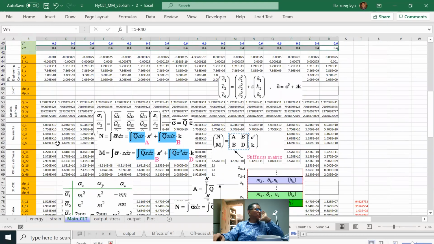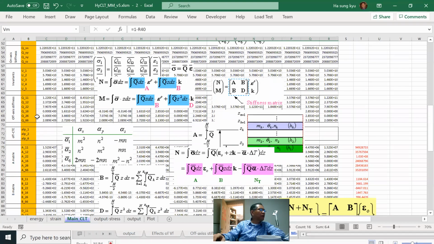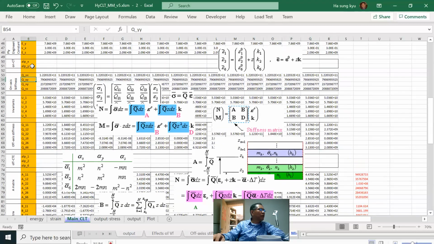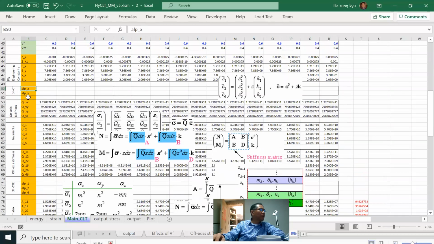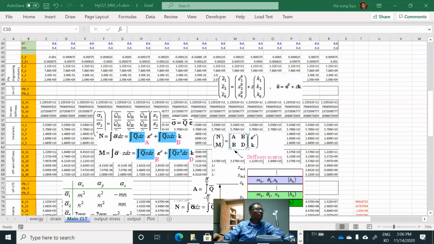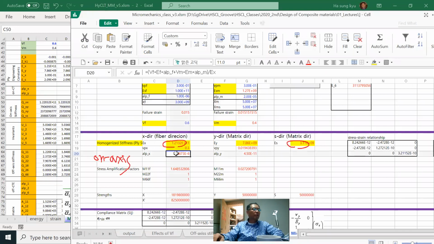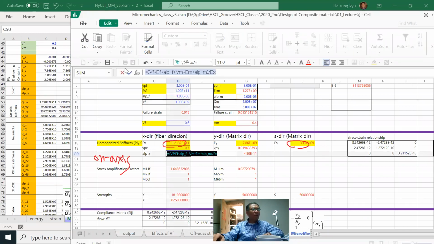Where will be the proper positions for the alpha X? Well, this is the Q. We have alpha X and alpha Y because it's the on-axis material property. Here, I'm going to use these equations.